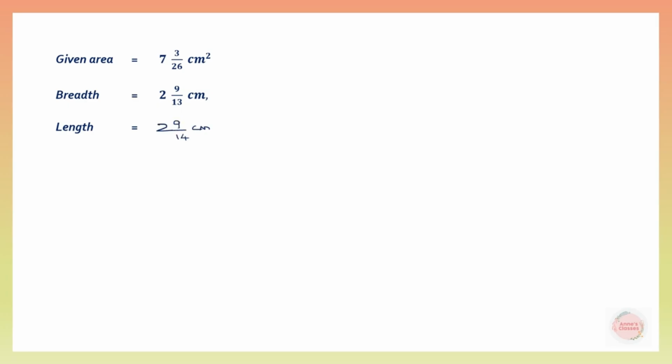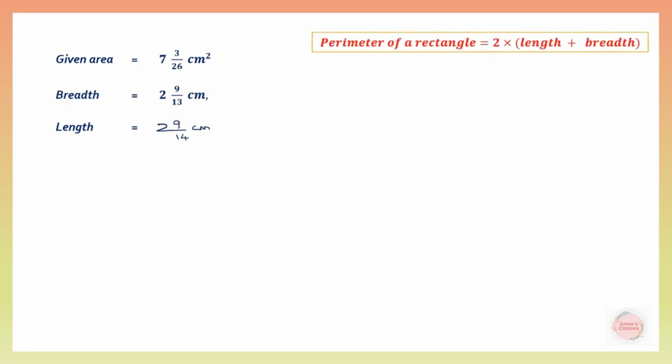Now to find the perimeter, the formula is 2 into length plus breadth. So perimeter equals 2 into length plus breadth. The length we found to be 2 9 by 14, plus the breadth, 9 by 13.